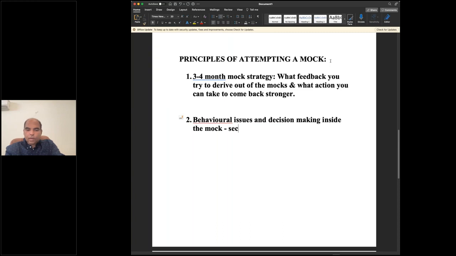And this we'll look at, of course, section wise, because when you talk about the process of solving a mock, there are a lot of aspects of the strategy on a section wise basis.